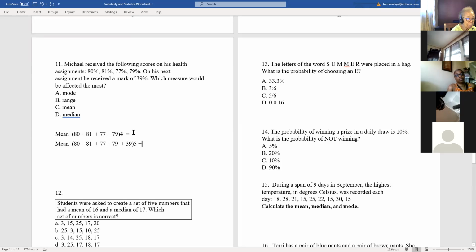So what did you get for the mean for the first one, Michelle? 317. That's correct. Divided by 4, and what does that give you? Let me see.